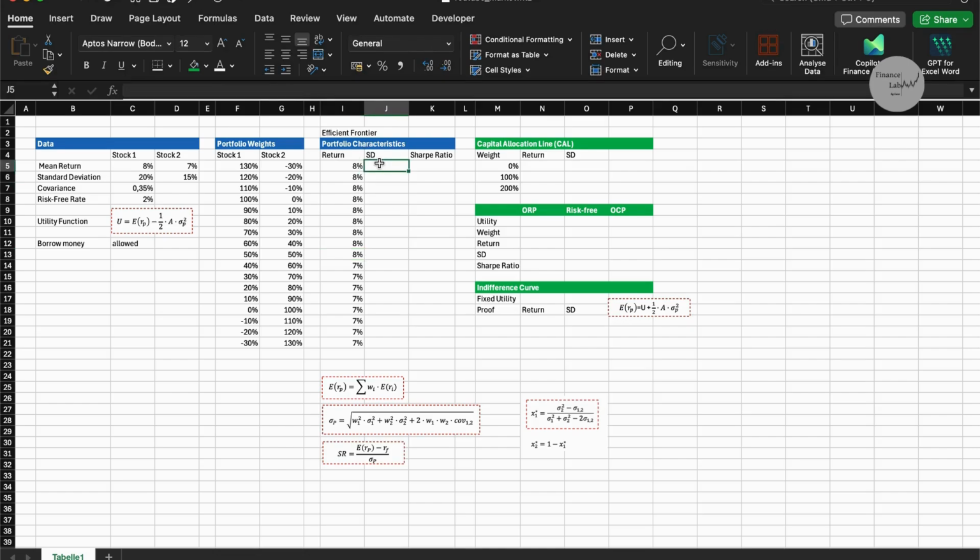Now we go on with the standard deviation. The standard deviation for a portfolio with two stocks is used. There we have this formula.